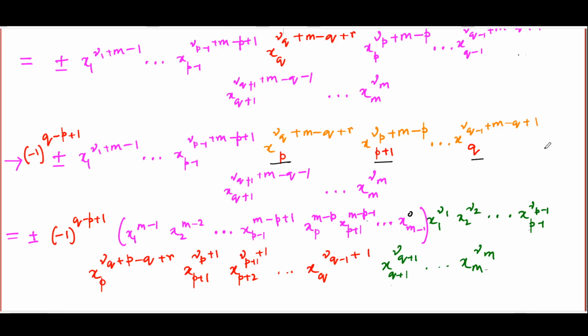Note that xq had a power of nu q minus 1 plus m minus q plus 1. Now, it already had a power of m minus q from the determinant. If you take that out, what is left is an extra power of xq to the nu q minus 1 plus 1.